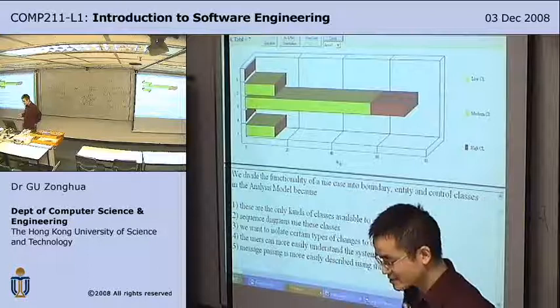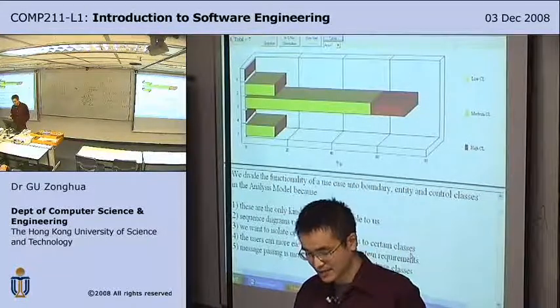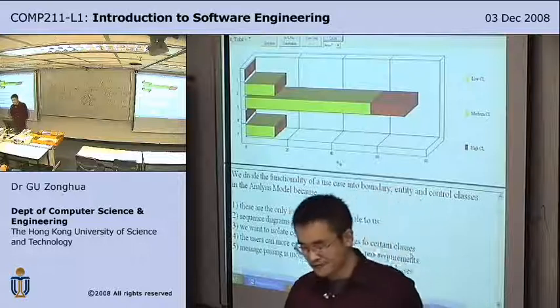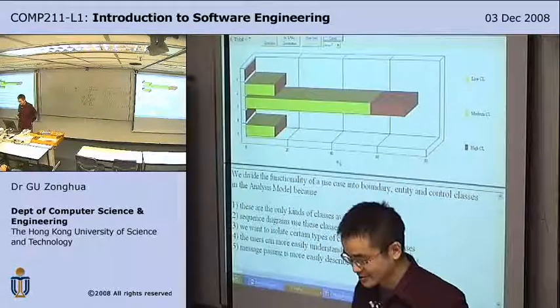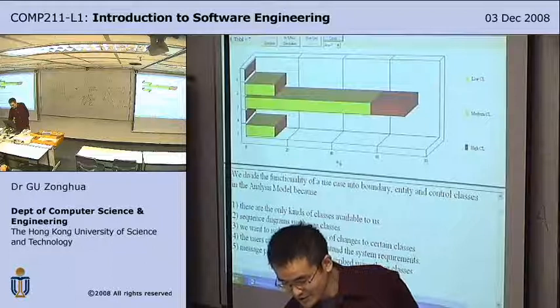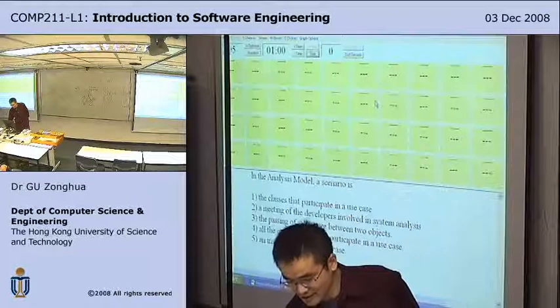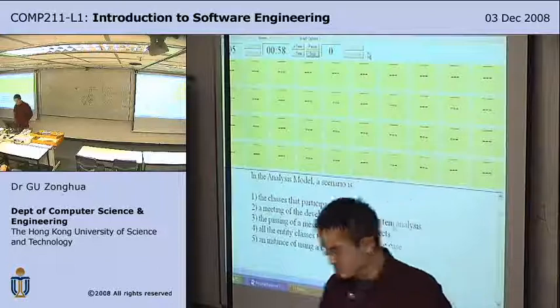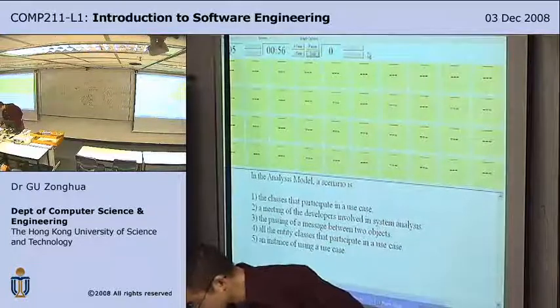So any classes can pass messages. So it's not the reason for having the 3 types of classes. So it's not relevant to the question it's asking. So analysis model scenario is what?